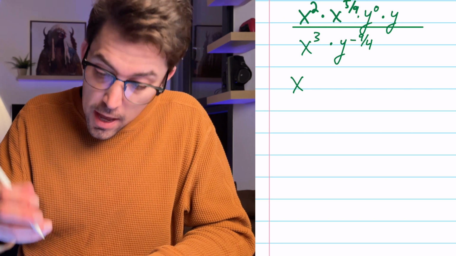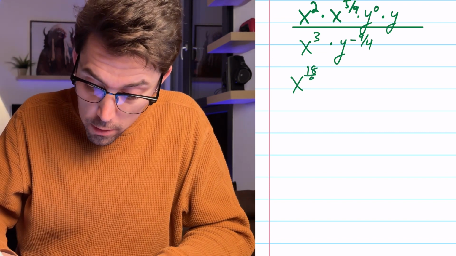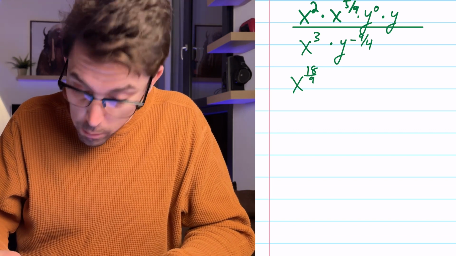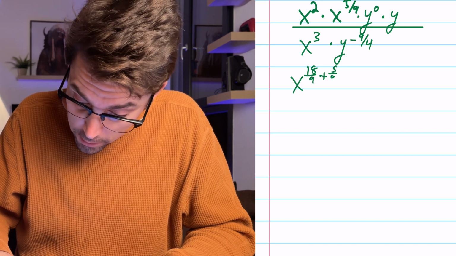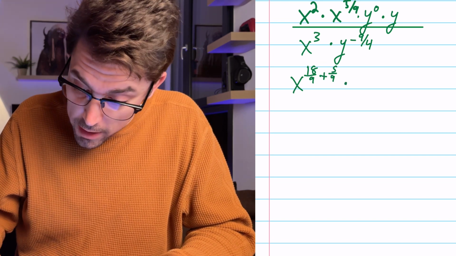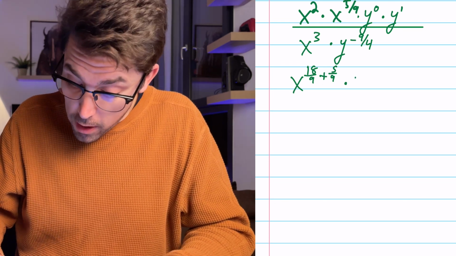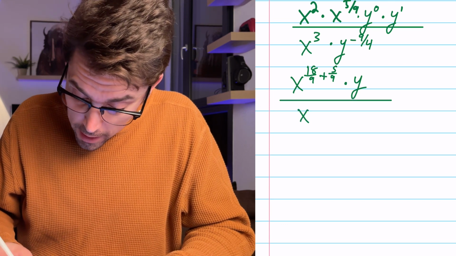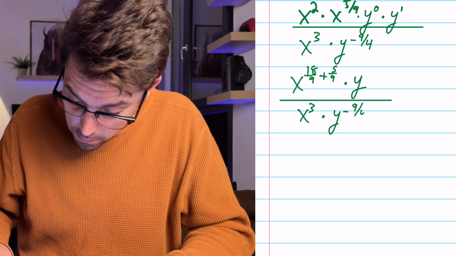We'll have x, and instead of squared, I would actually want to have 18 over 9, because that would be 2 written with 9 as a denominator, plus 5 over 9 times y to the 0, that's just 1, times y to the 1, that's just y. So leave that here. Here we go. All over x to the 3 times y to the negative 9 over 4.